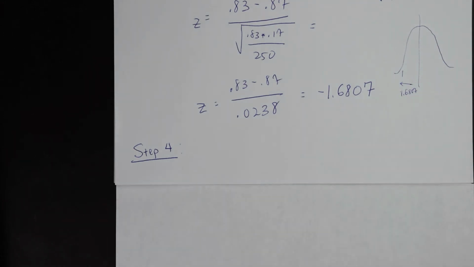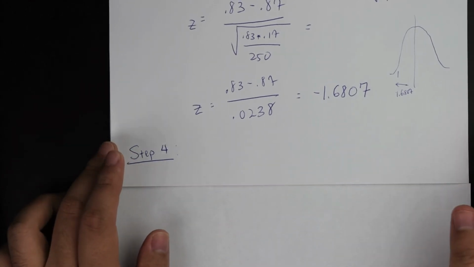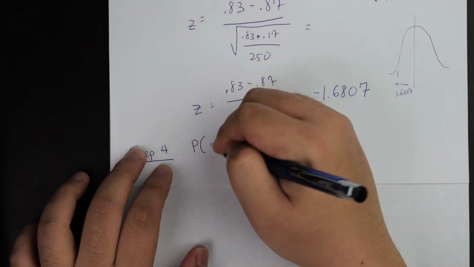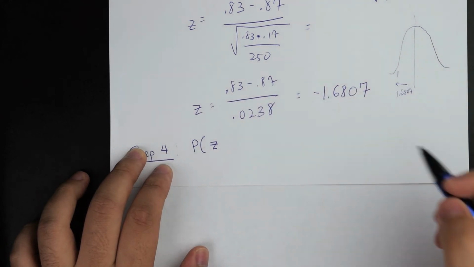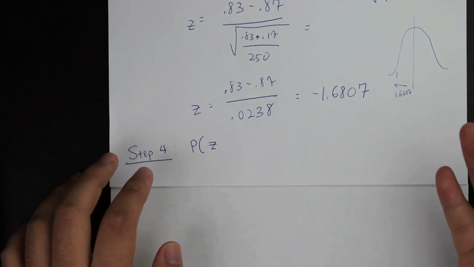But because I don't know what it represents, I need to convert it to a p-value so that I can interpret it right afterwards.